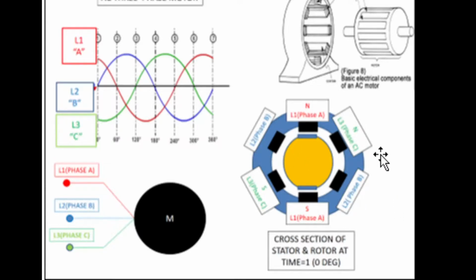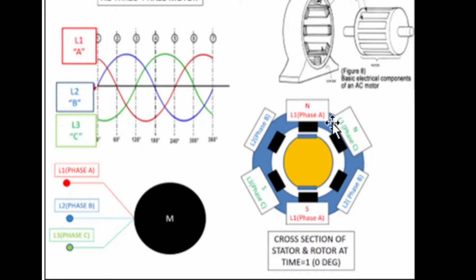Now, why do we want to pair them up? Well, we're going to turn them into magnets. So if we apply this L1 voltage to this top coil, we're going to turn the top of the coil into a north magnet and the bottom coil into south. The same thing with the C coil.